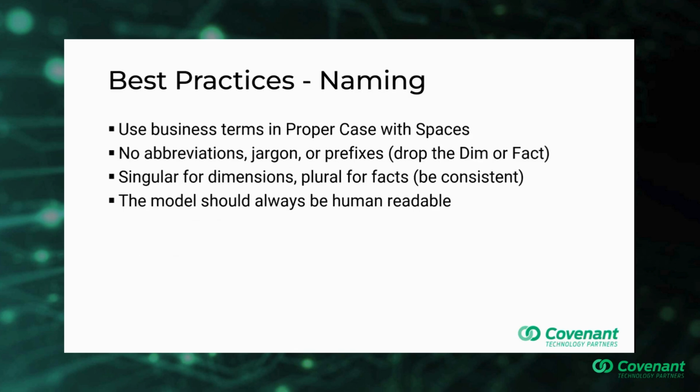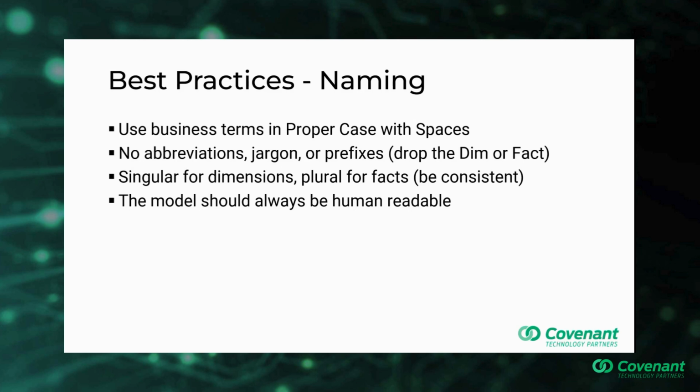So next, around naming. We want to name everything as human readable as possible. Where we can, we want to use business terms, in proper case with spaces. So we're not doing camel case, all uppercase, or all lowercase, and we're not abbreviating. We are actually writing this out.